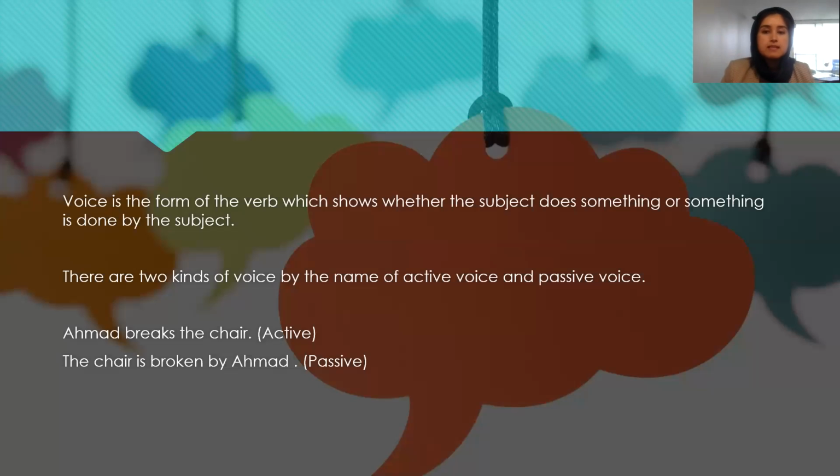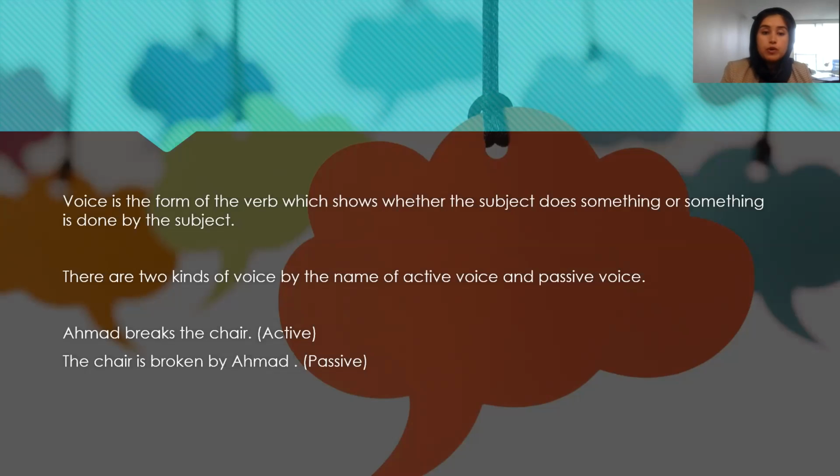The difference is that in the first case, the person is doing the action, and the more important thing is the person or the subject who does that work. But in the second form, the action is more important, or the object is more important in this case, and that's why that comes first, and that's why we say it's done by the subject.